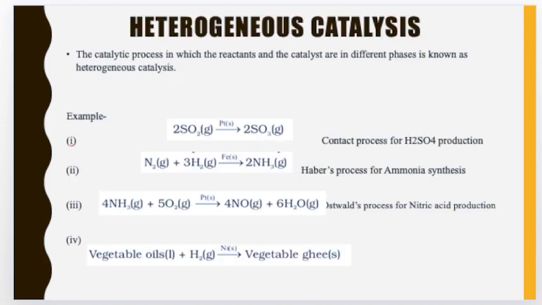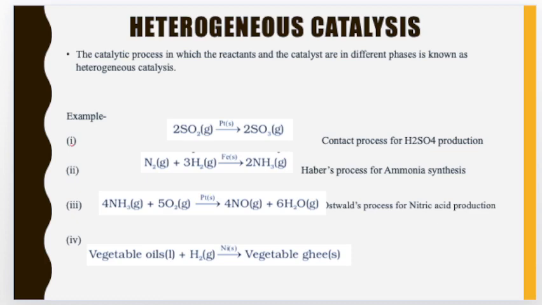Now, coming over to the different types of catalysis. First one is heterogeneous catalysis. In the process of heterogeneous catalysis, the catalytic process occurs when the reactants and the catalyst are in different phases.